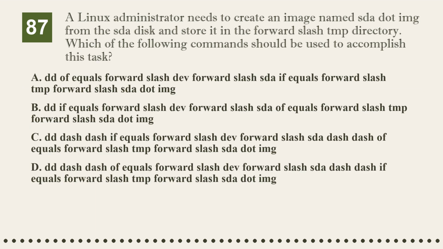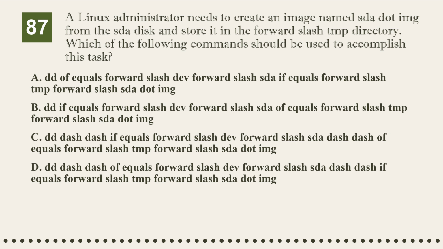Question 87. A Linux administrator needs to create an image named sda.img from the sda disk and store it in the /tmp directory. Which of the following commands should be used to accomplish this task? Option A, dd of=/dev/sda if=/tmp/sda.img. Option B, dd if=/dev/sda of=/tmp/sda.img.